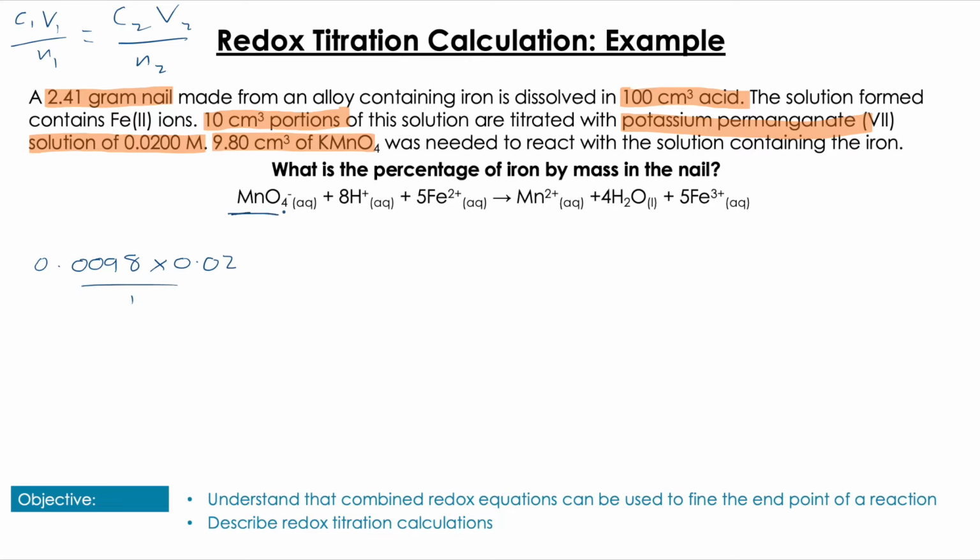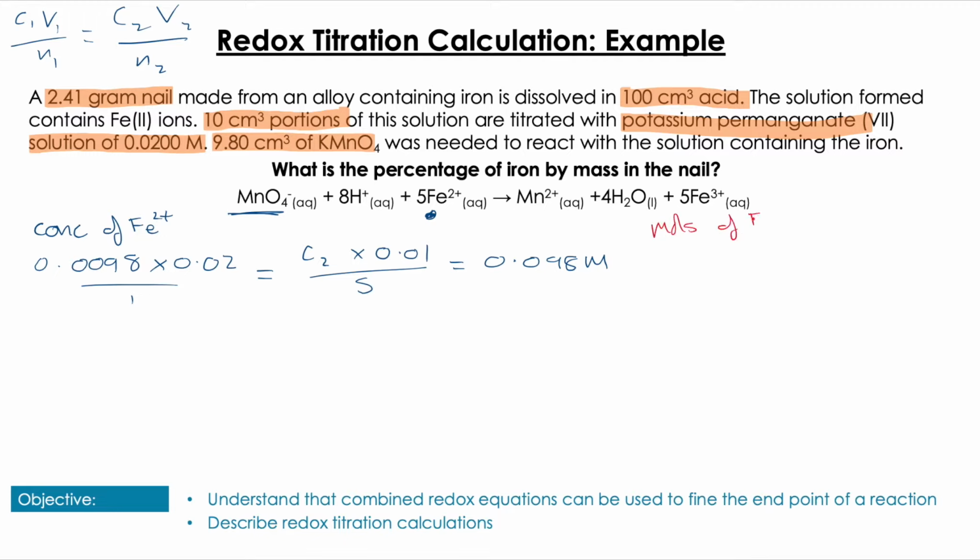So I'm going to do my concentration multiplied by my volume of the permanganate is equal to the unknown concentration multiplied by the volume over the number of moles of the iron ions, which is the concentration of Fe2+, which I get as 0.084.